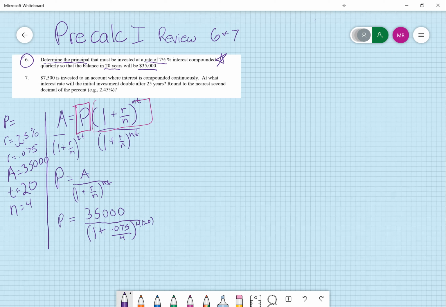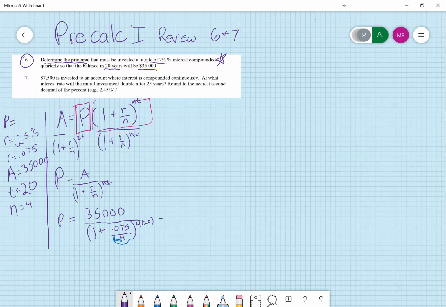Now I'm going to talk you through what I do with my calculator first. I do the innermost part and then work outward. I take 0.075, divide it by 4, and then add 1. Then I raise that to 4 times 20, or 80.